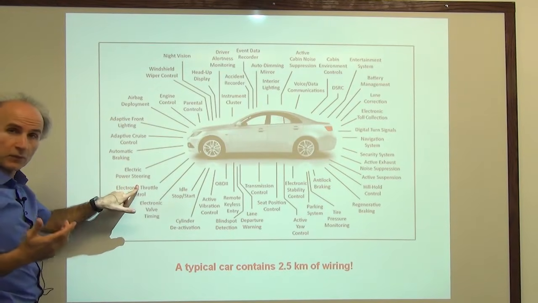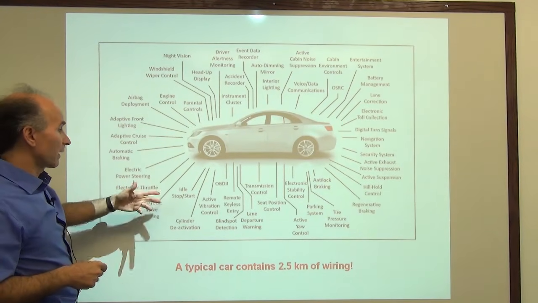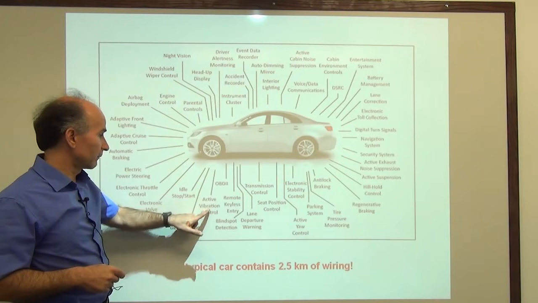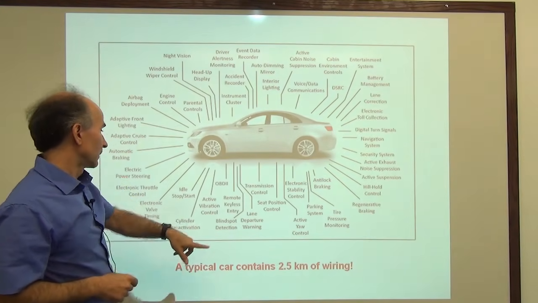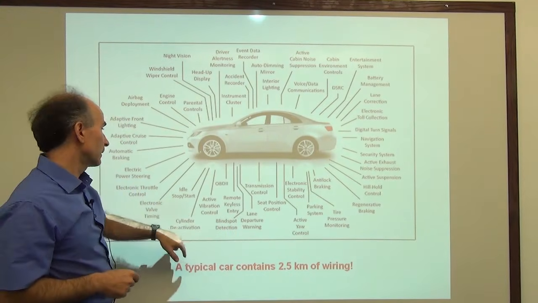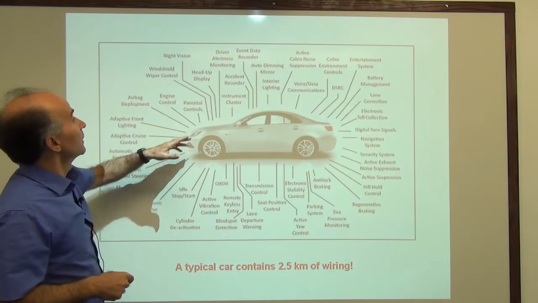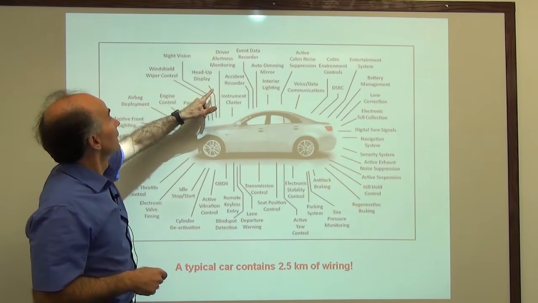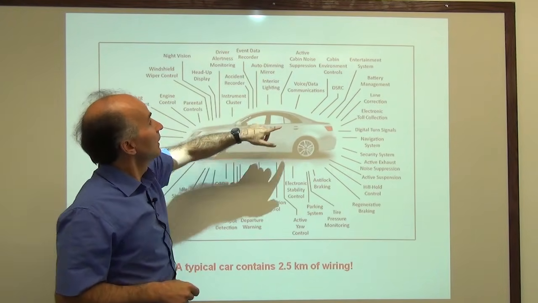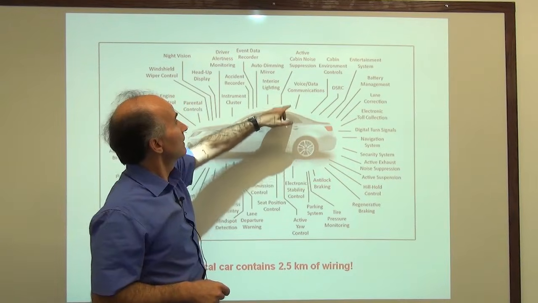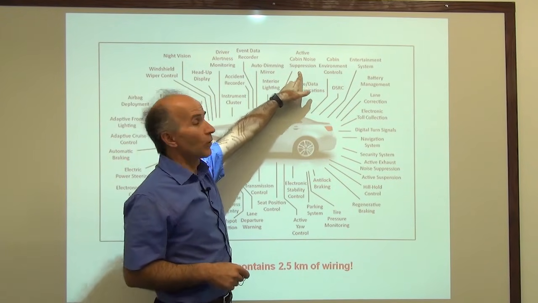Electric power steering, of course, we know that. But there are many other ones. For example, we have active vibration control. We have lane departure warning. Then we have head-up display, auto-dimming mirror, voice and data communications, active cabin noise suppression.